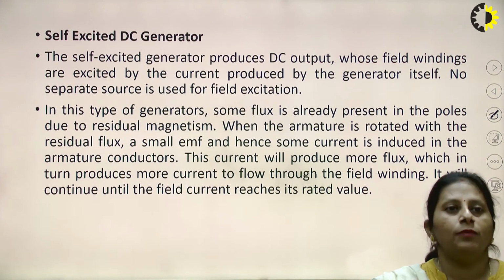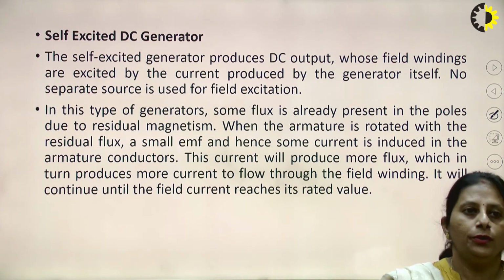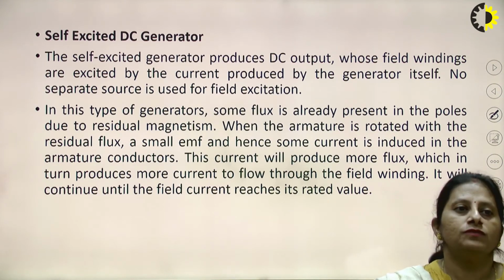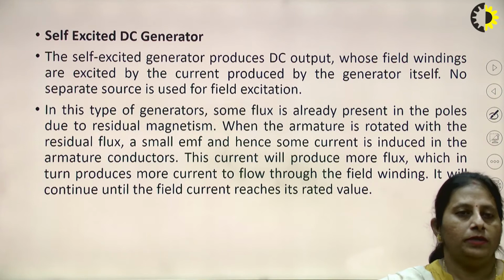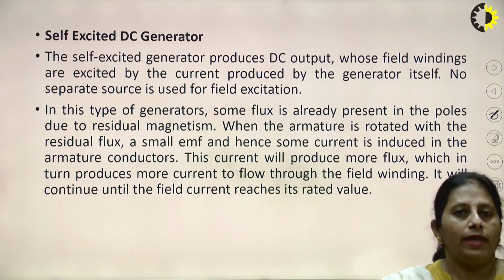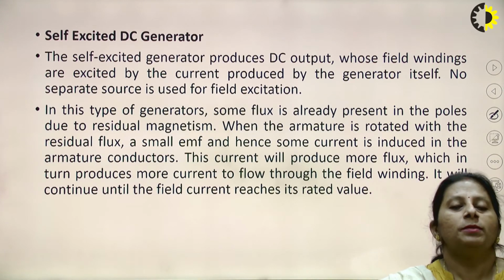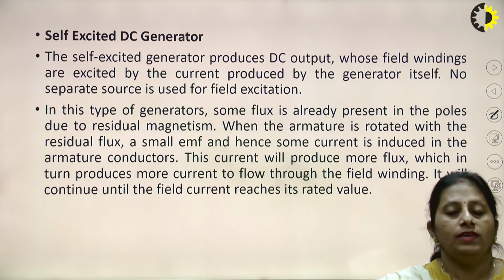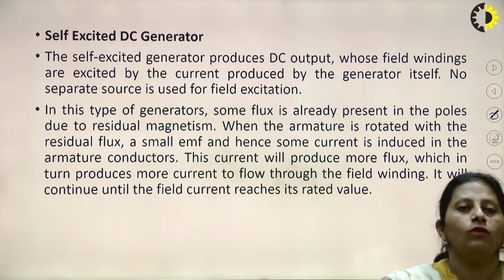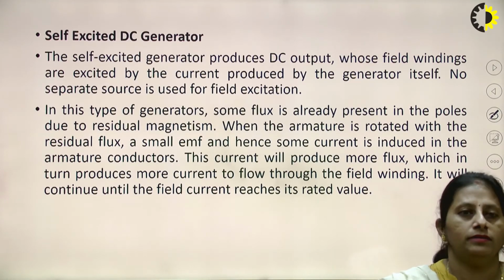In this type of generator, some flux is already present in the poles due to residual magnetism. We have studied in BH curves that ferromagnetic materials have the property of retentivity. That means when the external source of supply, or the magnetic field intensity, is made zero, we still have a small flux remaining in the poles, which is called residual magnetism.